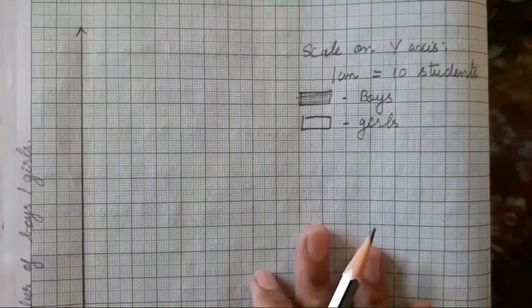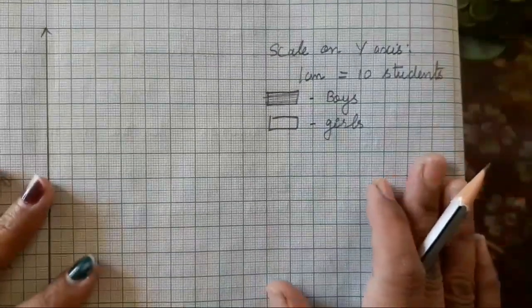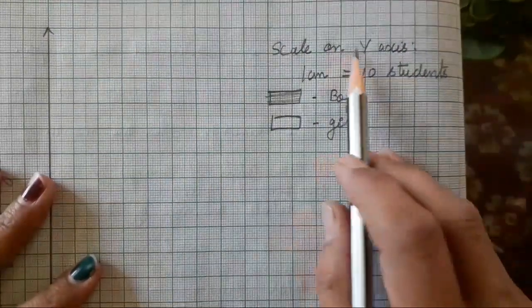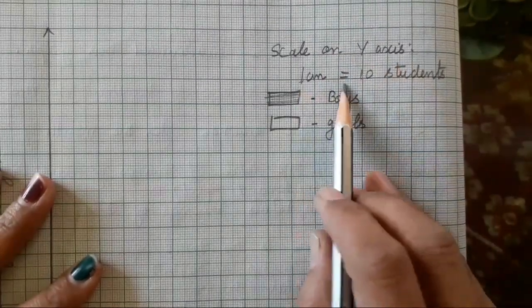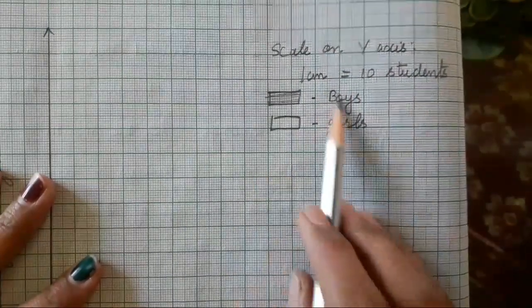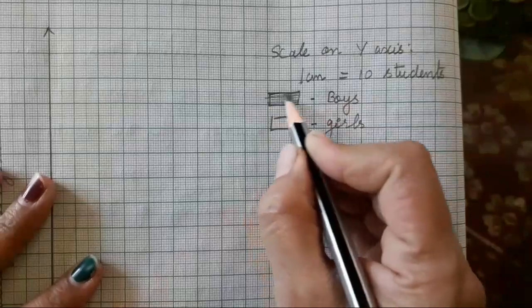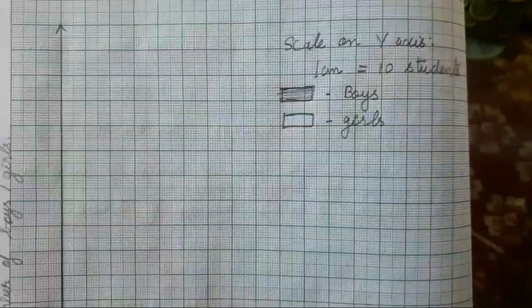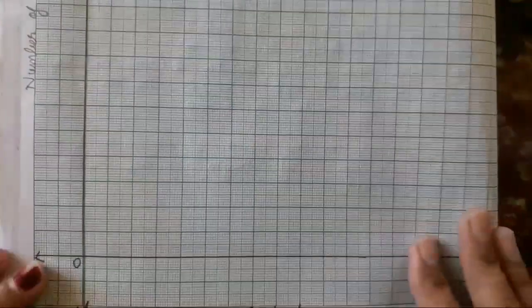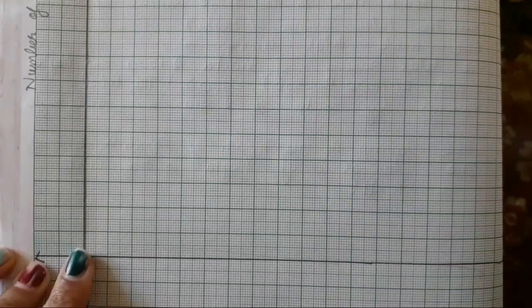The scale that they have given in the question was, on the y-axis, 1 centimeter is equal to 10 students, boys and girls. We are going to mark it in this way. Now let's draw the bar.